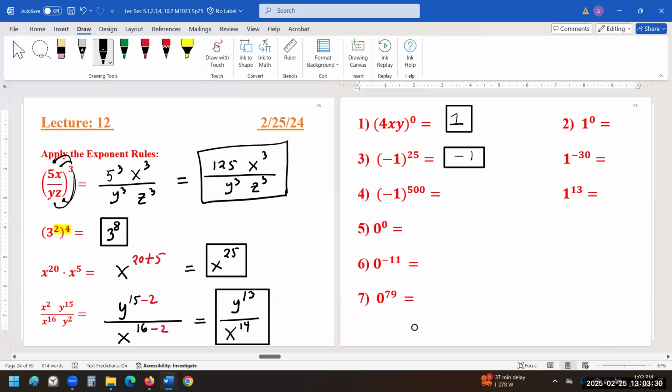So just because you see 500 is a big number, you don't have to worry about the big number. Think about the concept. 500 is even. So if you multiply negative an even number of times, you get a positive number back. So this is actually +1. Katie, what is 0 to the power 0?